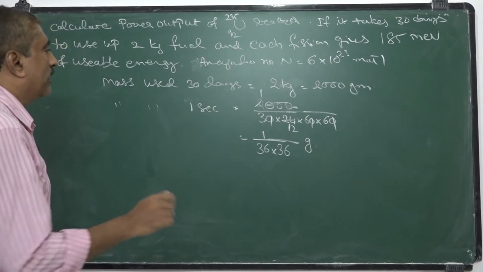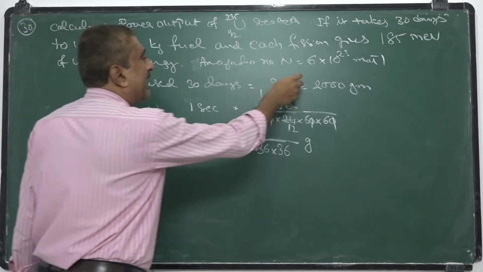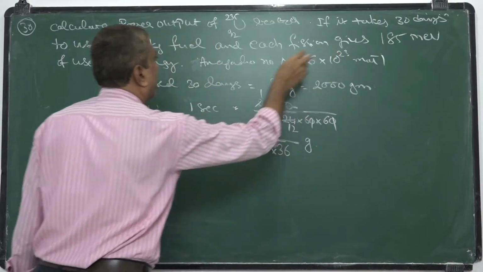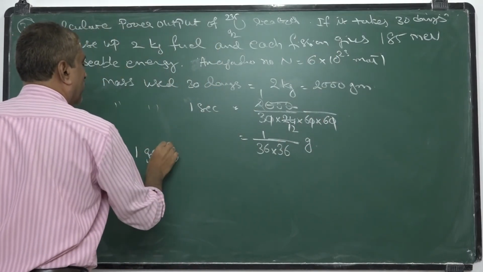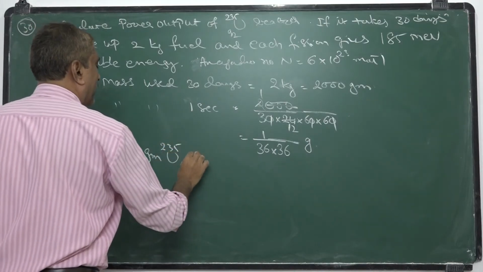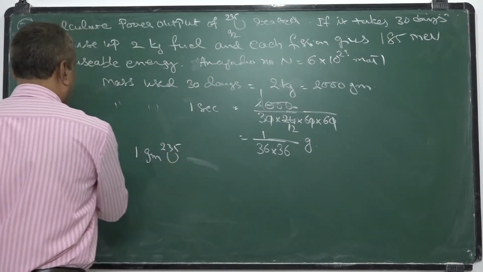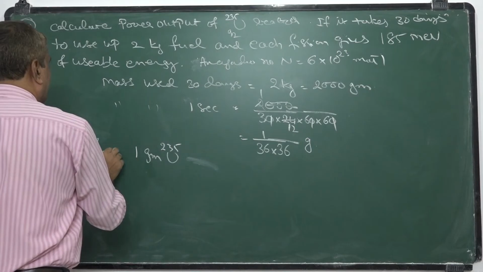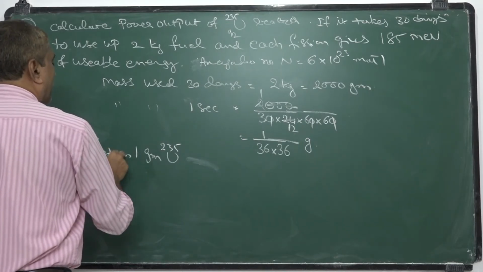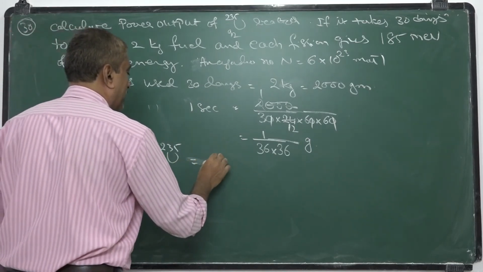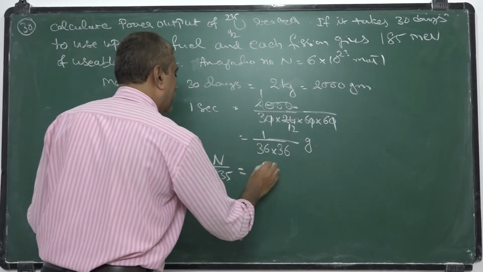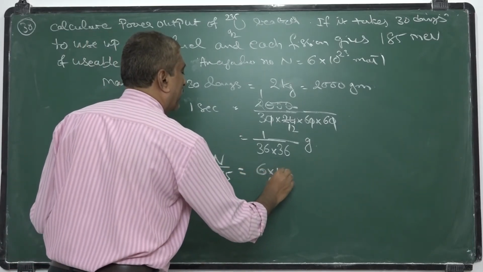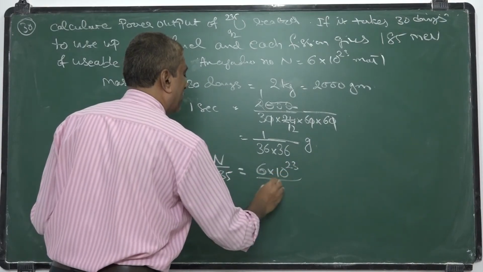Okay. Now 1 gram consists of how many number of atoms, you know? So number of atoms in 1 gram of uranium-235 is N divided by 235. That is 6 into 10 power 23 by 235.